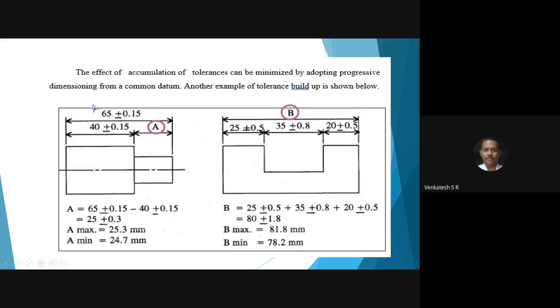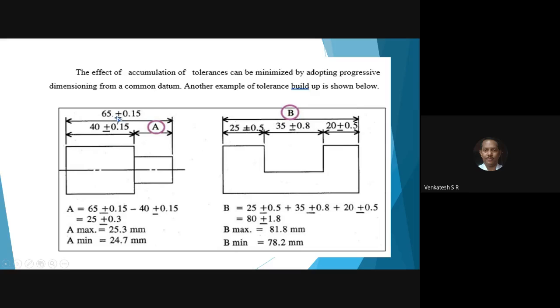Suppose if you add the upper limit to this dimension, then it becomes 65.15. If you deduct this lower limit from this dimension, then it becomes 64.85. So while machining, you cannot produce exactly 65 millimeter length.